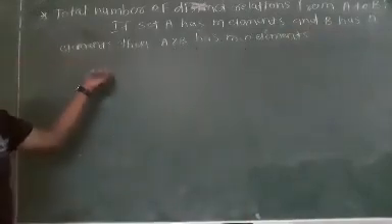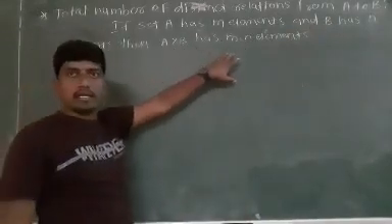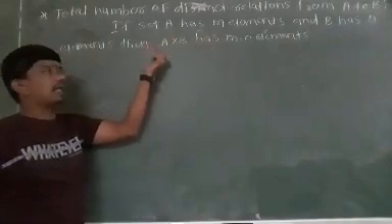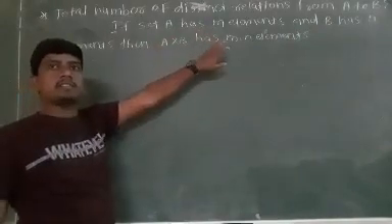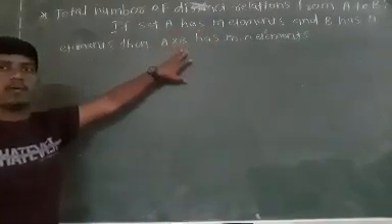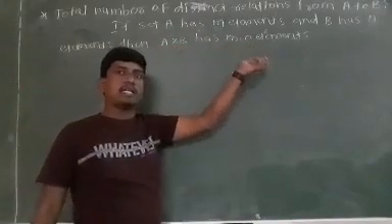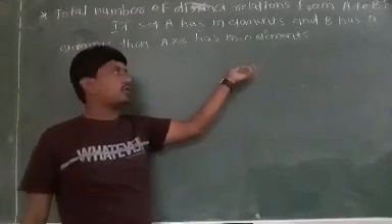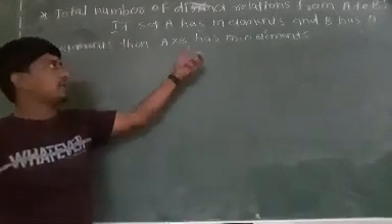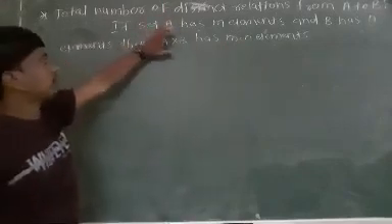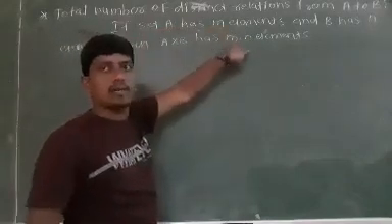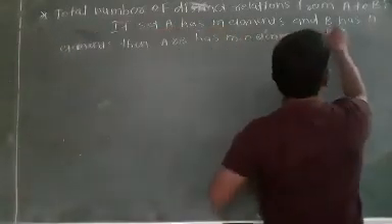As the product set A cross B has m into n elements, the power set of A cross B has 2 to the power m into n elements, since the power set of any set is the collection of all the subsets of that set. If S has n elements, then the power set of S has 2 to the power n elements.